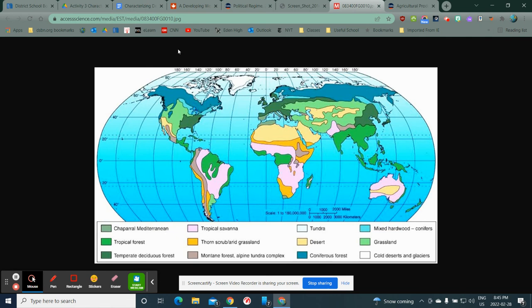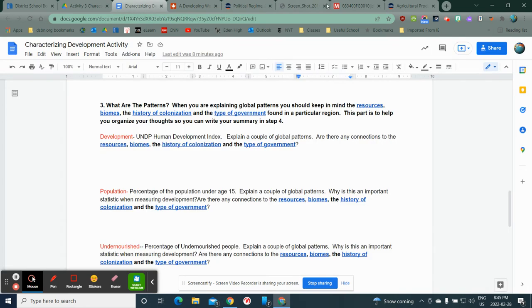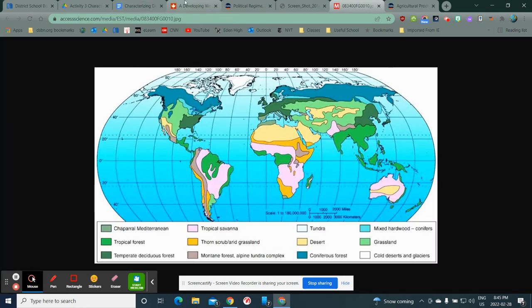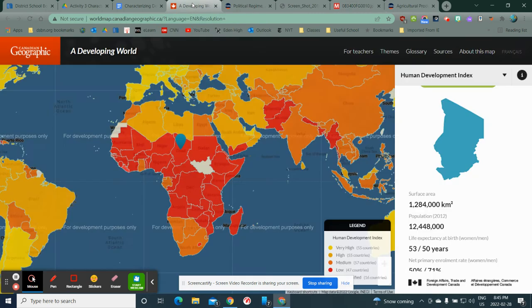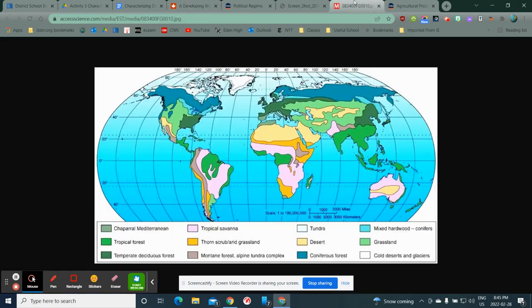There are exceptions to the rule, but you can look at the HDI, and you can clearly see that this part of Africa is suffering the most. And when you take a look at your map of the biomes, it looks like this type of biome is almost exclusively found in Africa. So you can make that strong connection there.